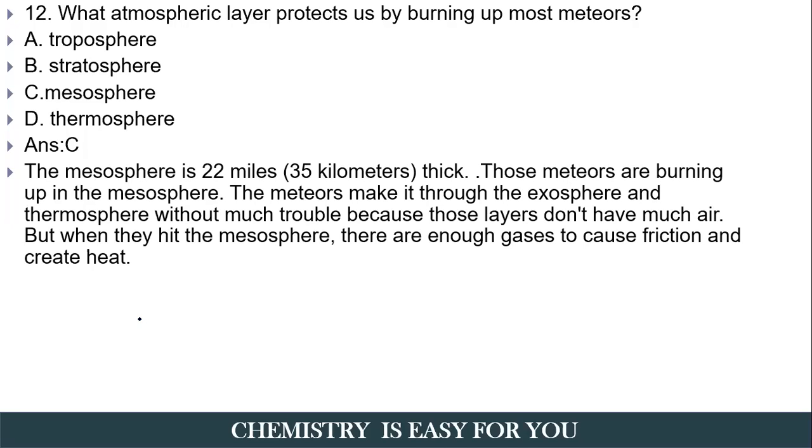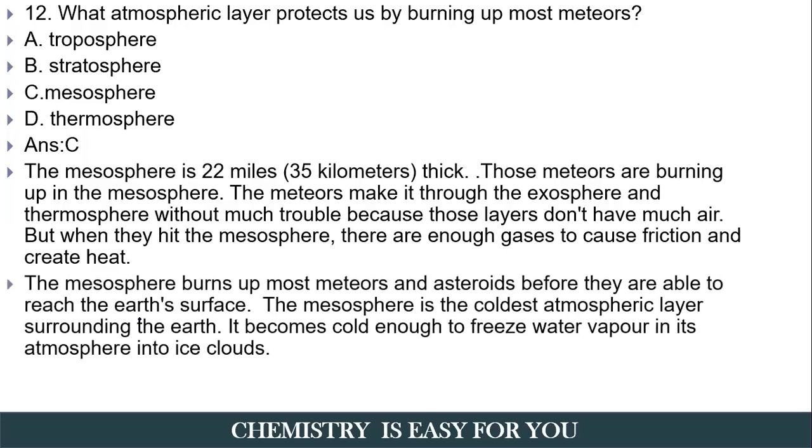In the exosphere and thermosphere there is not much gas, and as a result they cannot cause the burning up of meteors. The mesosphere burns up most meteors and asteroids before they are able to reach Earth's surface.